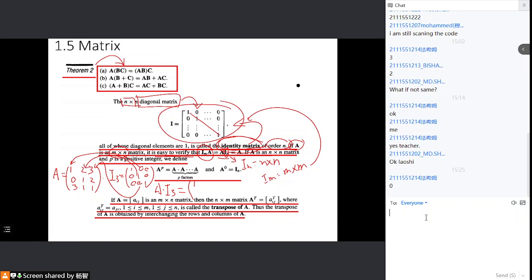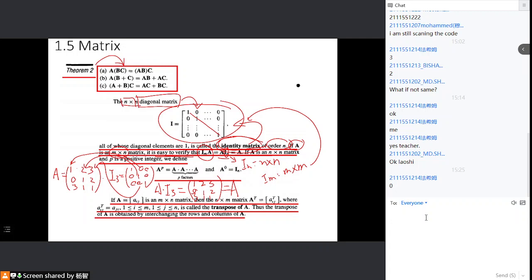All together equal to what? 0 multiply 1 equals 0. 0 multiply 3 equals 0. 1 multiply 2 equals what? Yes, 2. And 3. Then 0, 1, 2, 3, 1, 1 equals A itself.